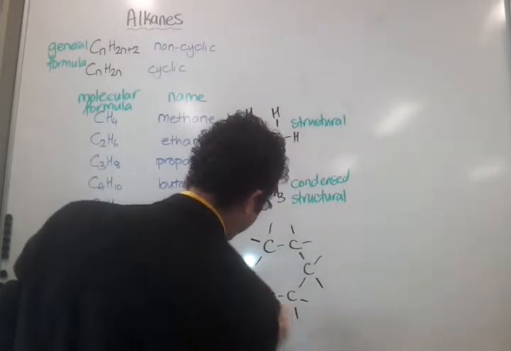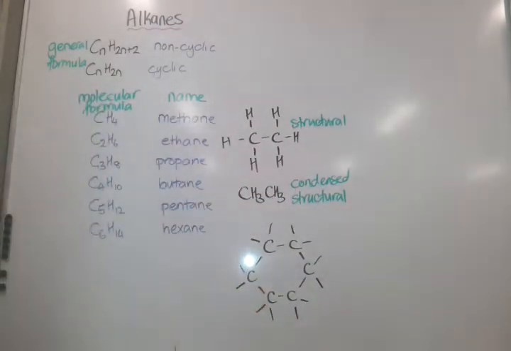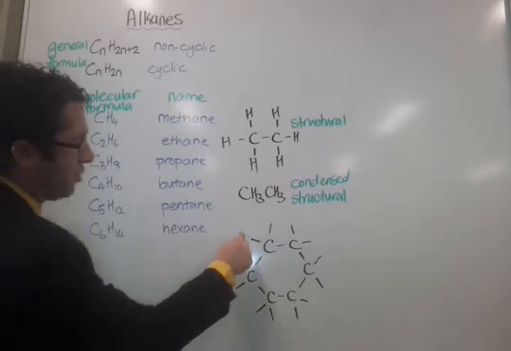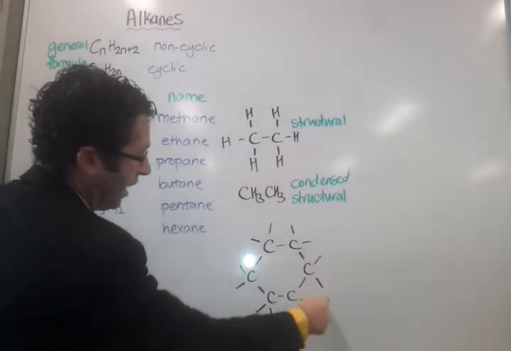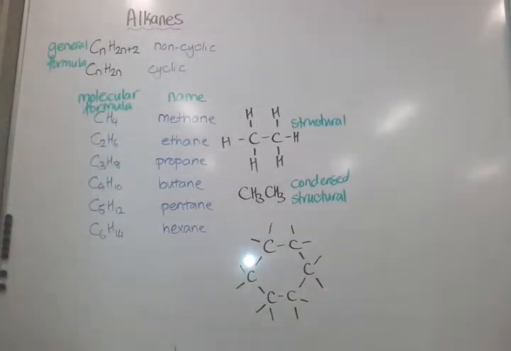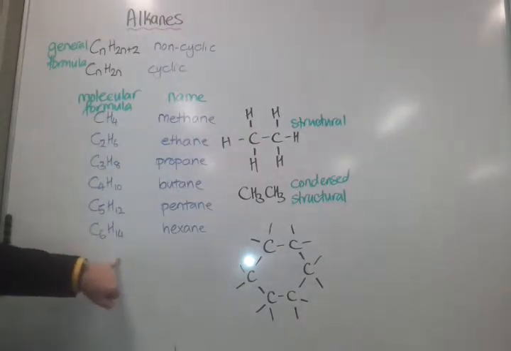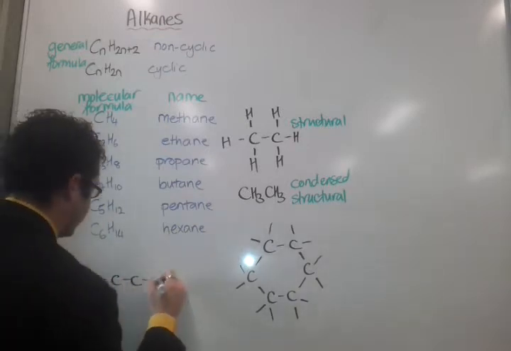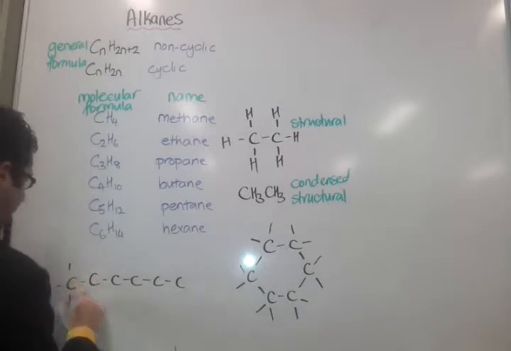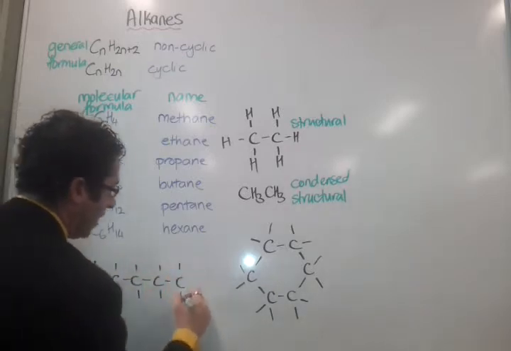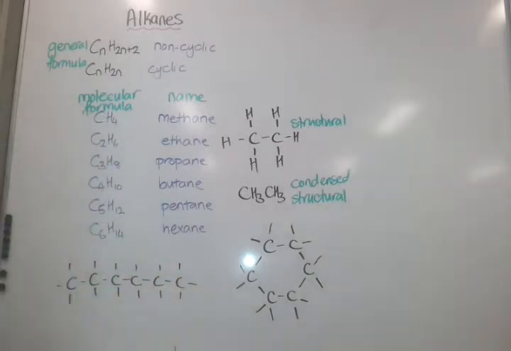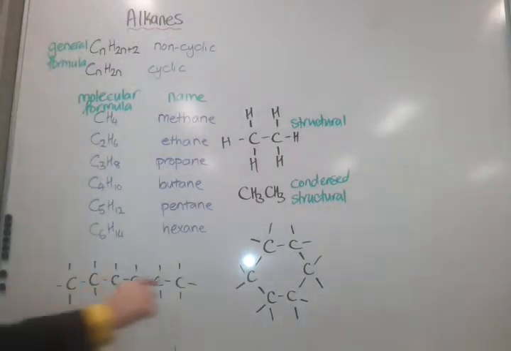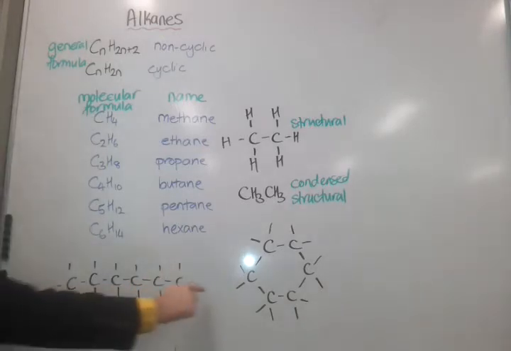For speed, I'm going to leave the hydrogens off. So we've got 12 hydrogens in cyclohexane, whereas hexane, the non-cyclic version, has 14 hydrogens. So they have to have different general formulas depending on whether they are cyclic or non-cyclic.